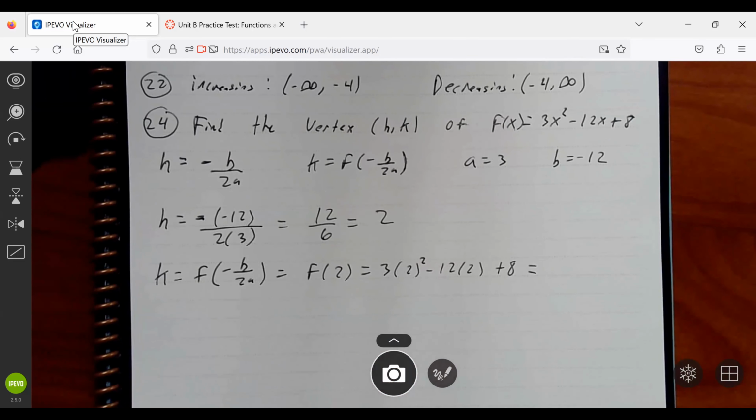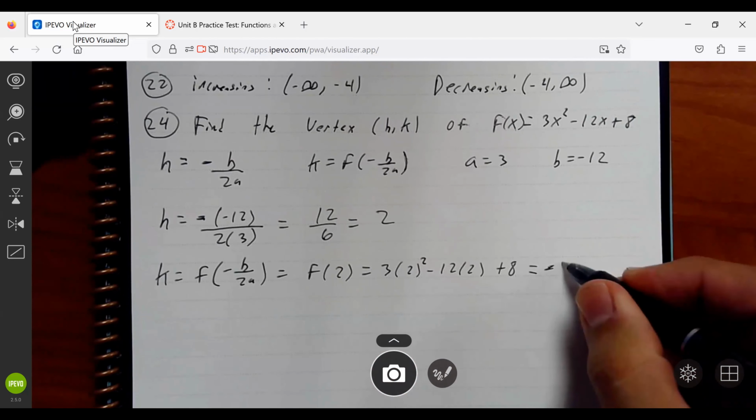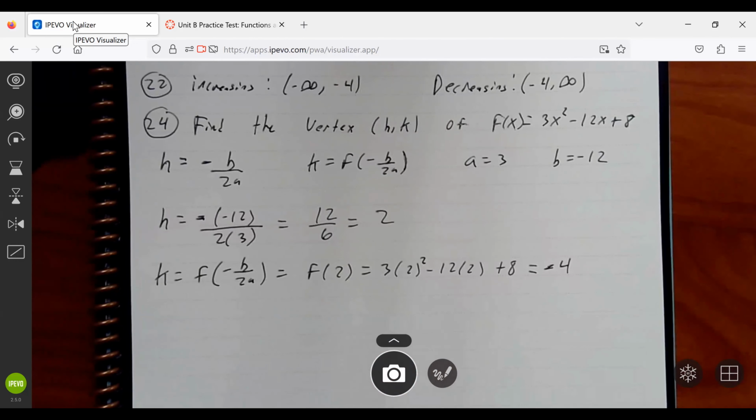That makes sense? Four times 3 is 12. 12 minus 12, so it'll be negative 12. So you guys get negative 4. Okay.